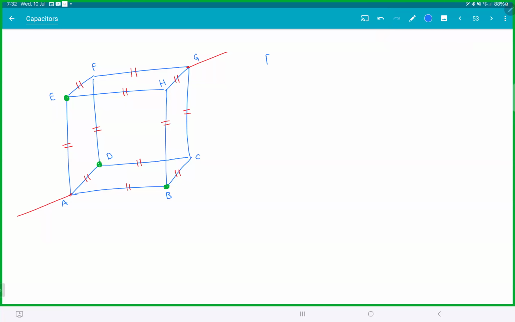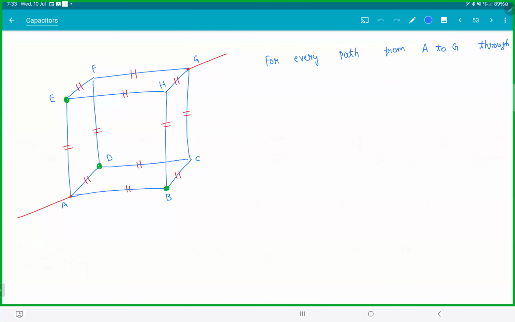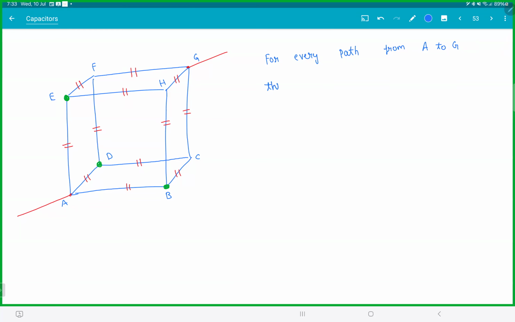So for every path from A to G through B, there is a similar path through D and E.